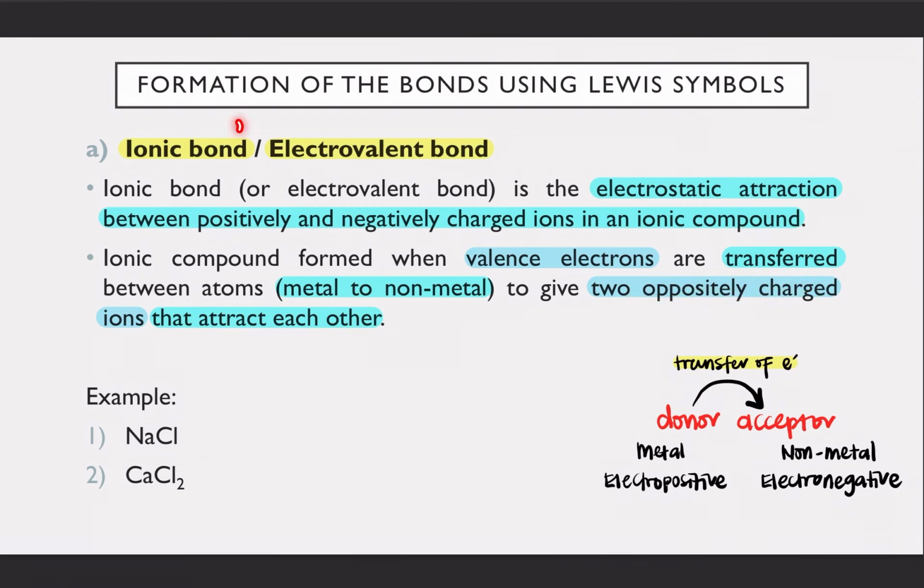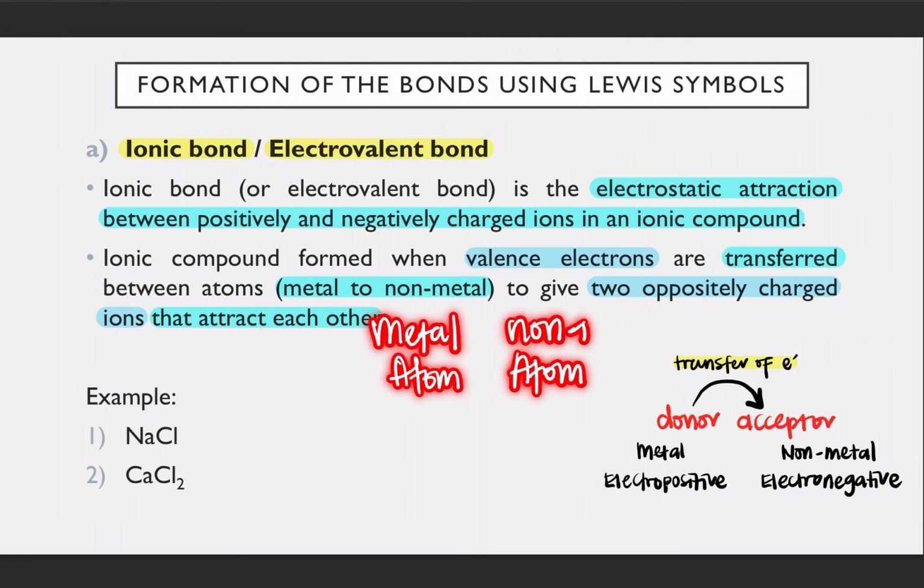So basically, your ionic bond will form a cation and an anion when you transfer electrons. So first you have atoms, a metal atom and a non-metal.